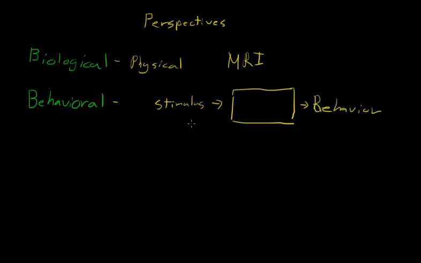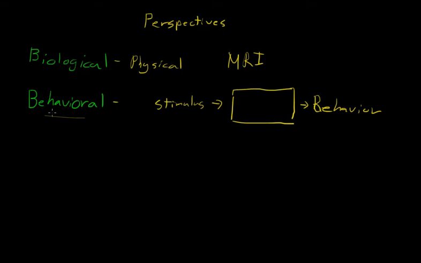If they hear a bell ring and they start to salivate, that would be a behavioral way of thinking about it. A biological way of thinking about Pavlov's dogs, the ringing bell and drooling, would be that there's some kind of chemical mechanism that leads directly from the brain to the salivary glands.